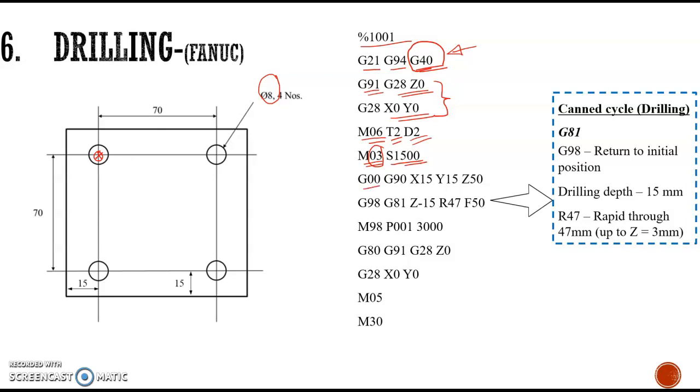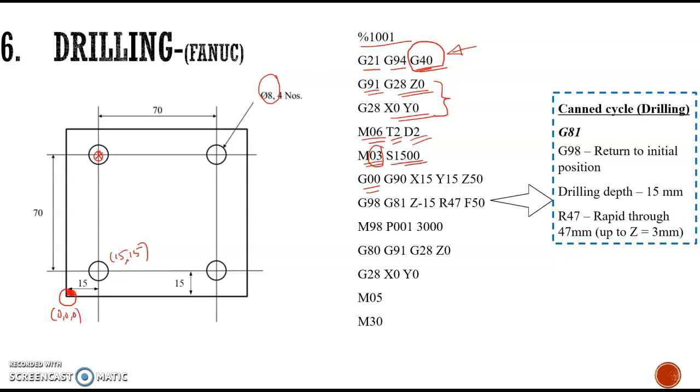Then first we will use the G00 code, that is for rapid traverse of the tool to a nearest position of the first location. The first location is given as 15 by 15 in x-axis and y-axis, since our work 0 point is this one. The edge of the workpiece is defined as the work 0 point. So here it is our 0 point.